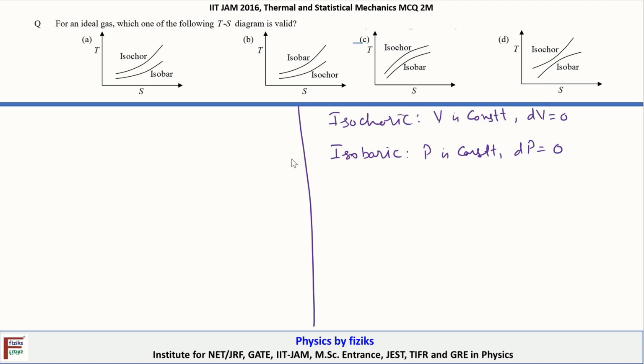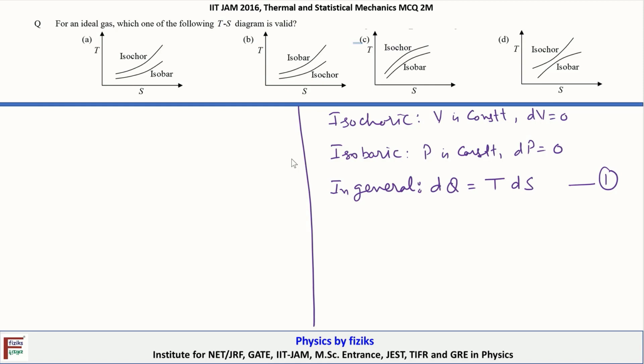Now in a TS diagram, in general we can write dQ, the heat change involved, that is equal to T times dS. Let's call this equation 1.